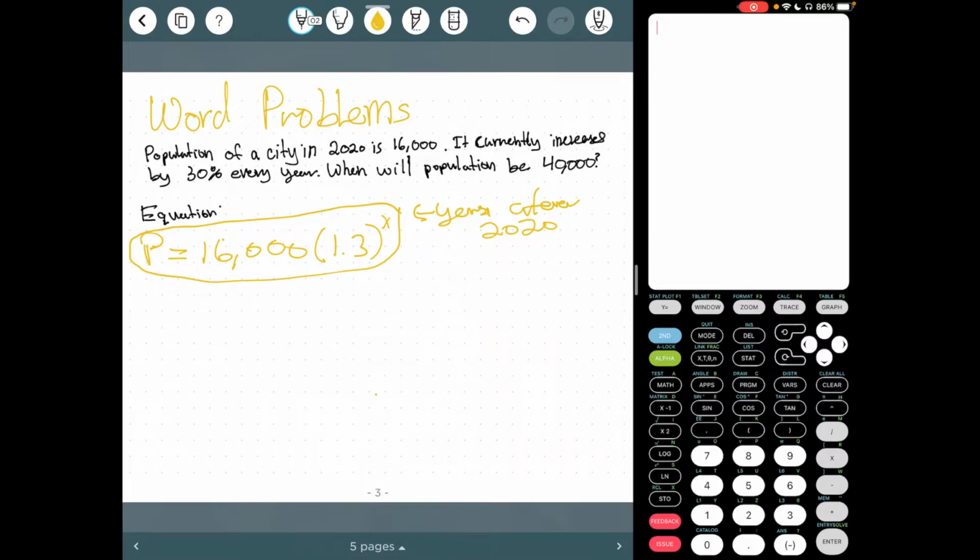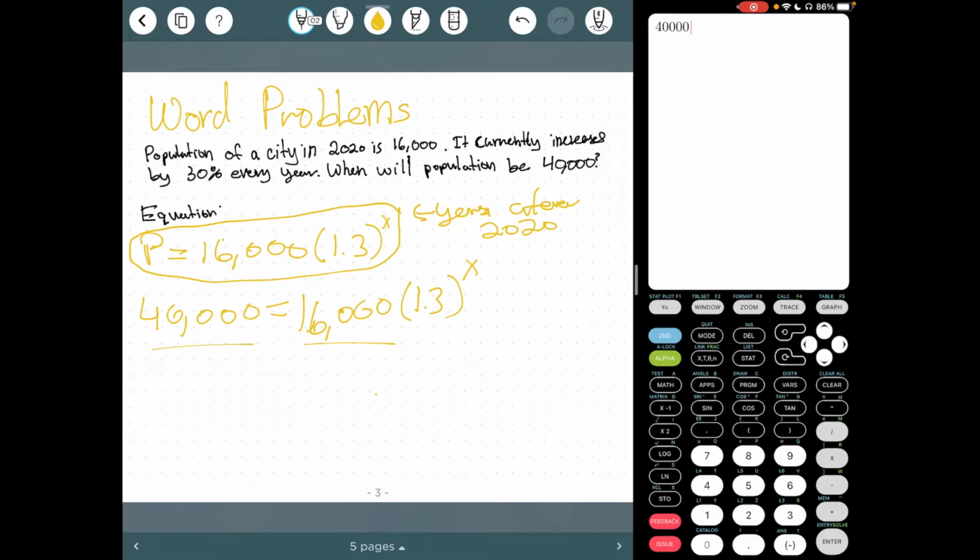So now what we have to do is plug in 40k into the equation. So 40,000 equals 16,000, which was the initial population, growing by 30% every year after 2020. So the first thing we have to do is divide by 16,000 on both sides.